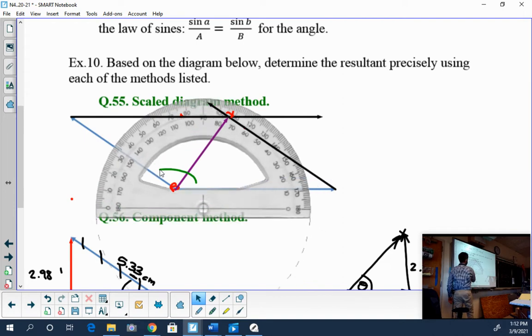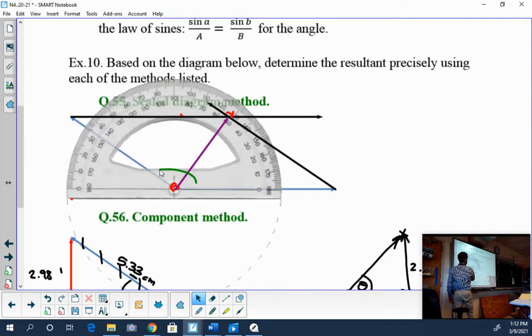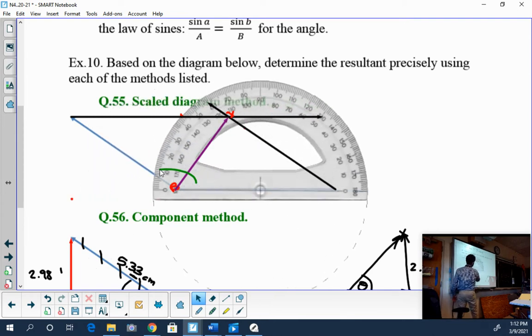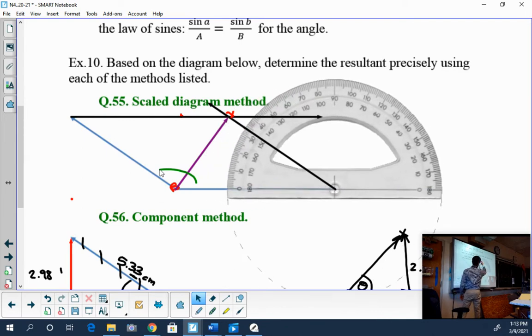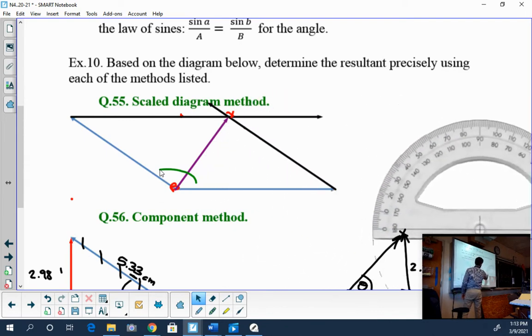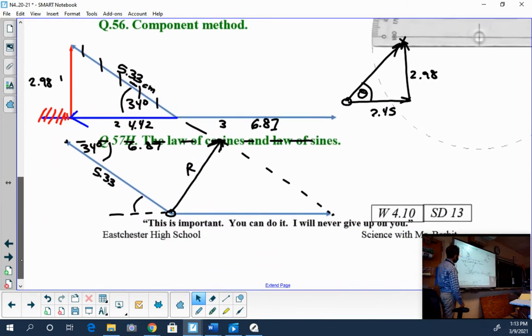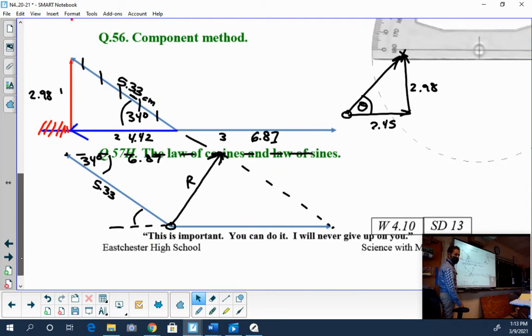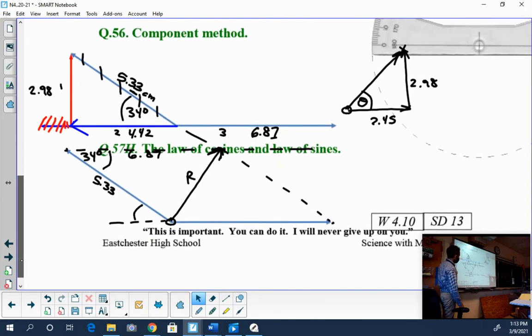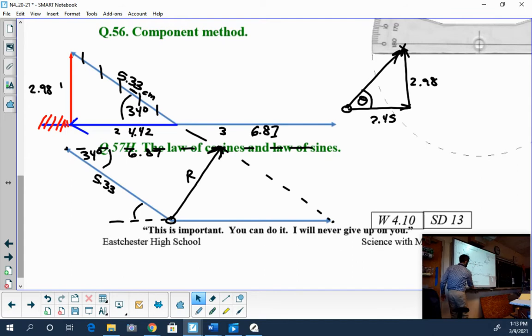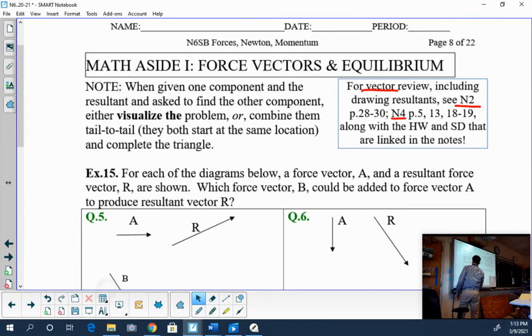Say we had that angle of roughly, what's that? This is the big angle. So there's 90, 100, 110, 120, 130, 146, something like that. You come over here and repeat that angle, 146. You can sketch these out. Go back to these notes if you want to look at it again. We also did a component method. And finally, we had the law of cosines and the law of sines for those of you who are more math inclined. Okay, anyway, let's get on to what we're doing next.